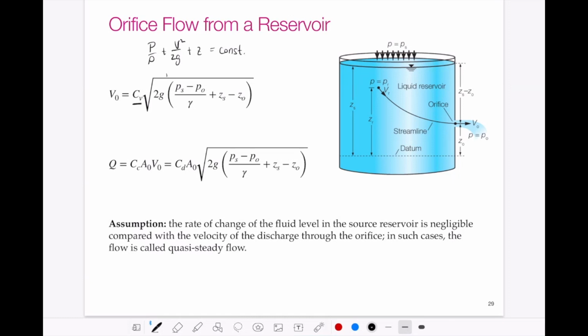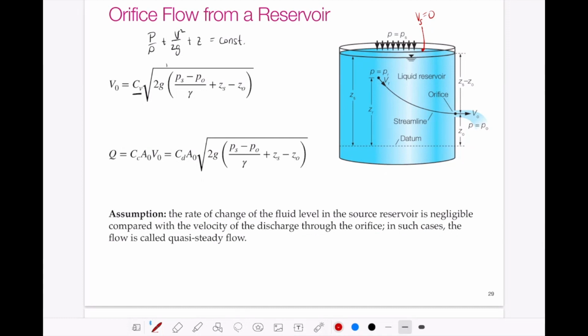The velocity up at the top is 0. And so we're writing up Bernoulli's equation and we're solving it for V0. And we would find an ideal V0. And if we multiply that by our velocity coefficient, we have our actual velocity from that flow.